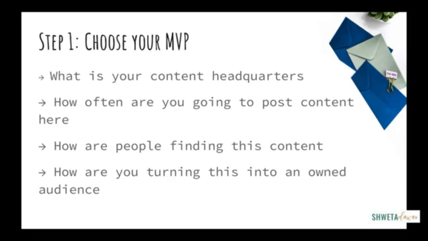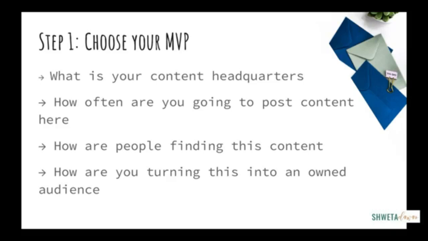And once you decide on that, the last piece, which is not that important when it comes to content repurposing, but it's really important when you're thinking about the long term, right? Like if you have a Facebook group, tomorrow Facebook could shut down. What are you going to do, right? So how are you converting that audience into an owned audience?